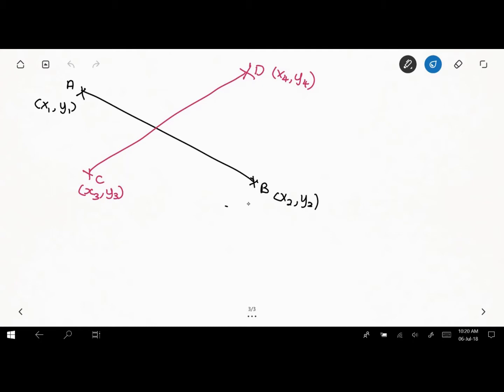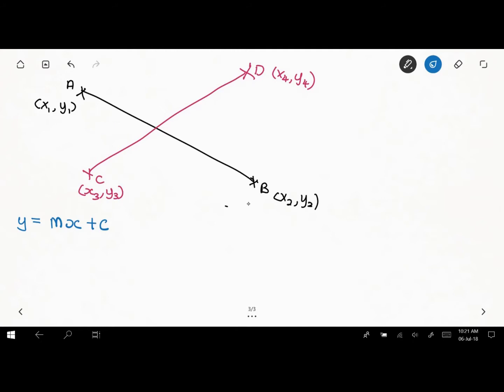Now, normally a line is given by y equals mx plus c, where m is the gradient of the graph and c is the y-intercept. But since we're given only 2 points for a line, it's impossible to substitute these values into this equation.